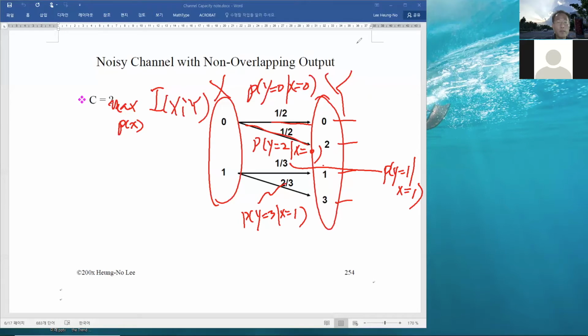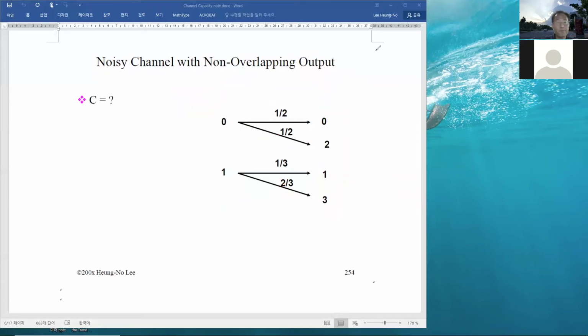In this particular case, you can invoke our previous results. You can see that there is no overlapping of outputs. So you can talk about mutual information, which is equal to the entropy of Y minus the entropy of Y given X again.